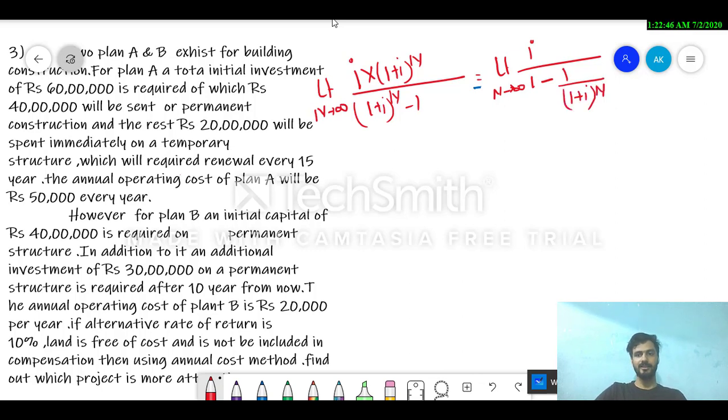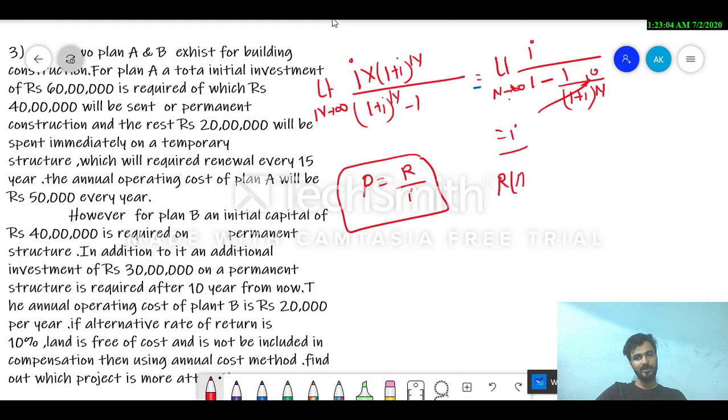If n tends to infinity, this term becomes 0, so this becomes equal to i. So if you apply this formula, P is equal to R upon i. Now this R will be the annual cost, that is equal to P multiplied by i.